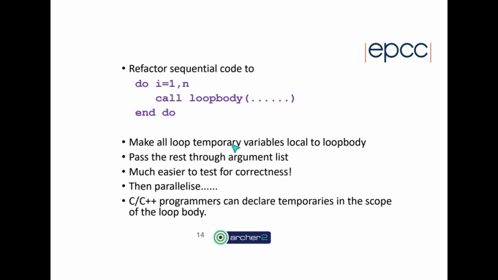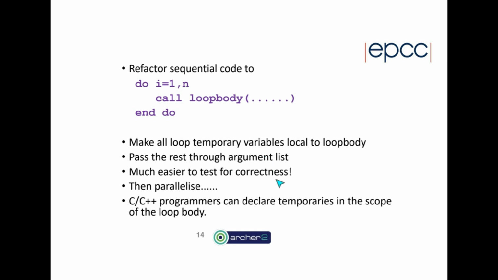Anything that you can declare locally inside, that's basically loop temporaries, you declare inside the subroutine and pass everything else through the argument list.